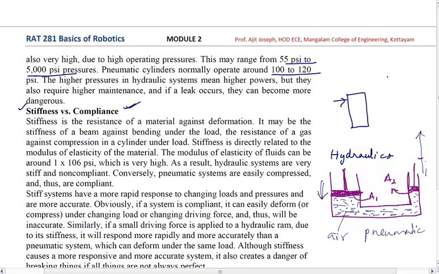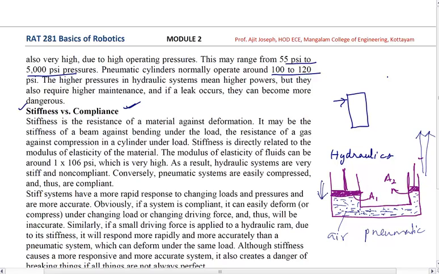So even though there is movement, it is not as accurate as it should have been. Why? Because some of the air gets compressed. So air, or gas, is more compliant and less stiff, whereas fluid is more stiff and less compliant.